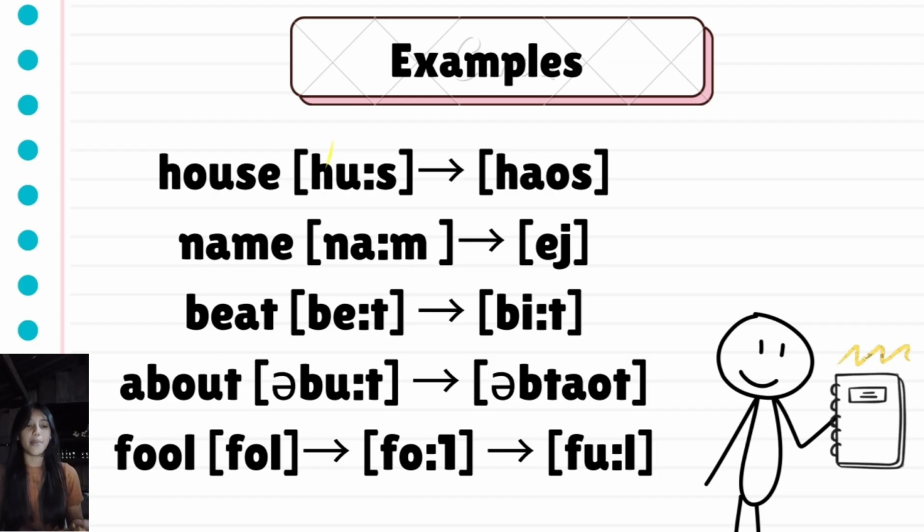The fourth one is about, but in the past it was pronounced differently, but today it is pronounced about. The fifth one is full. We pronounce it in modern English as full, but in the past it was pronounced differently and changed over time.